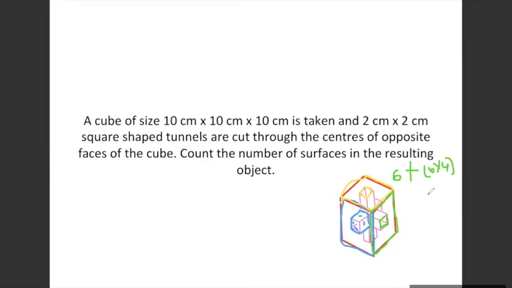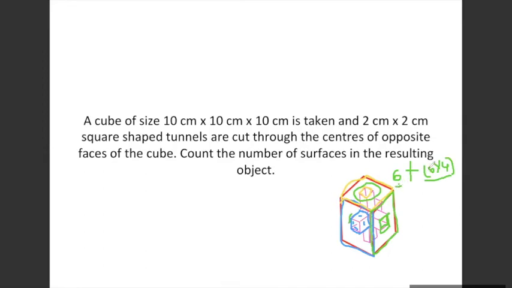Have I written it correctly? These 4 surfaces which are there, they get repeated 6 times. That's why I've written 6 by 4 here. And this 6 are these surfaces. This surface that you see here, those are the 6 surfaces.